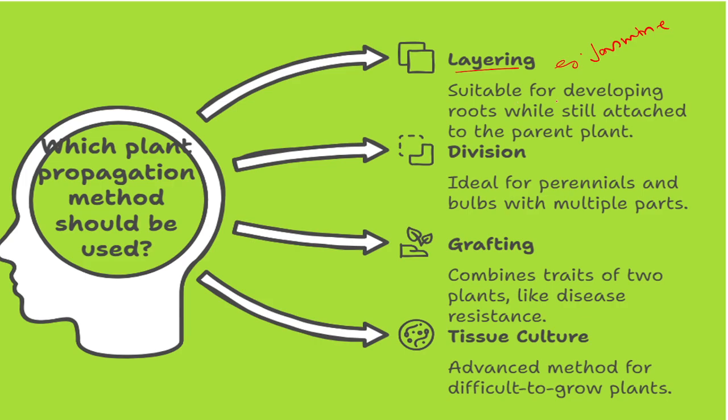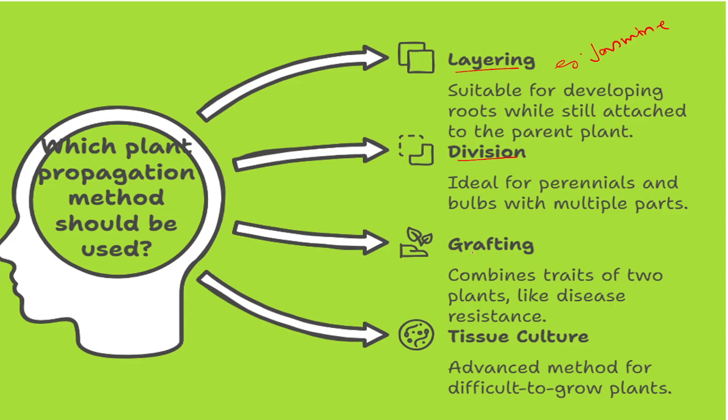Layering is suitable for developing roots while still attached to the parent plant. And next is division. Division is ideal for perennials and bulbs with multiple parts. The example is the leaf parts of bryophyllum.